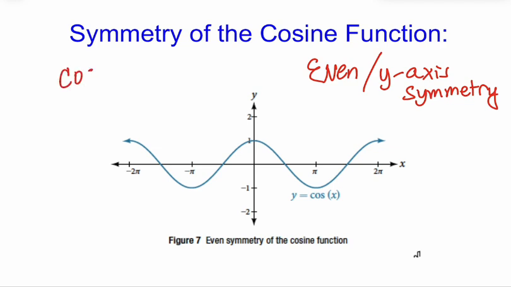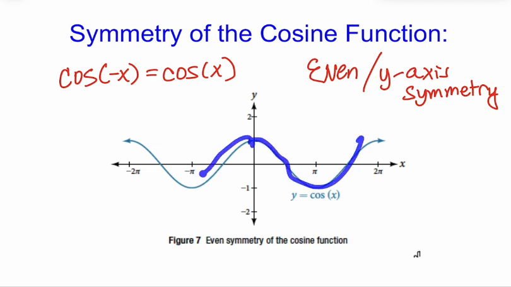Well, the cosine of negative x is the same as the cosine of x, because it just would flip it across the y-axis. And so if we flipped this graph right here across the y-axis, it would just line up upon itself perfectly evenly. So a cosine function is even, a sine function is odd.